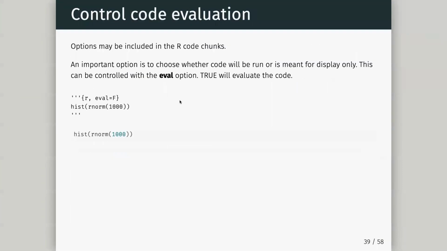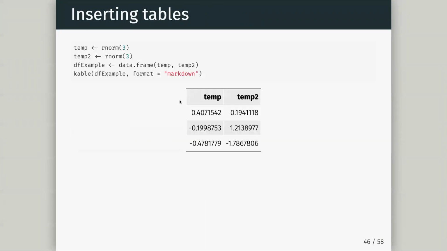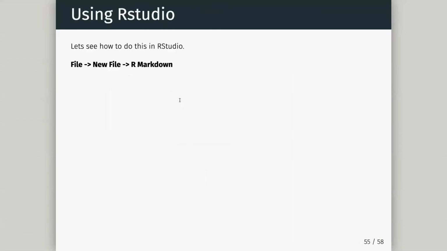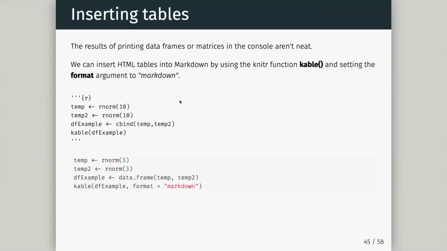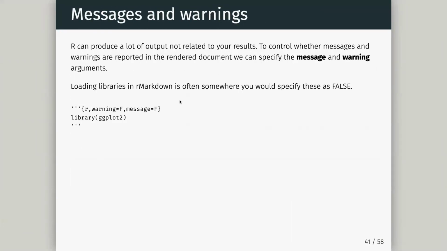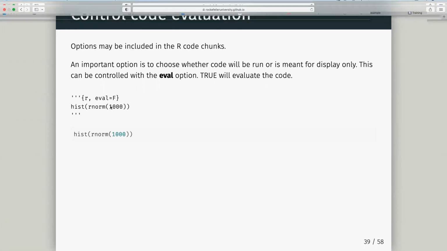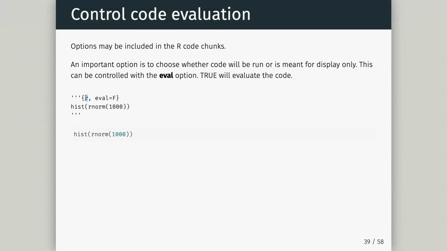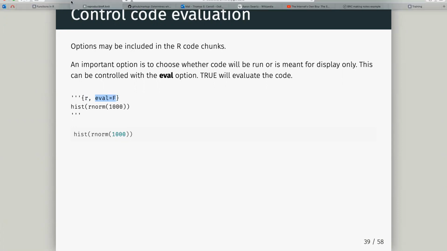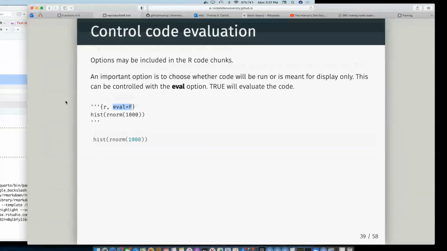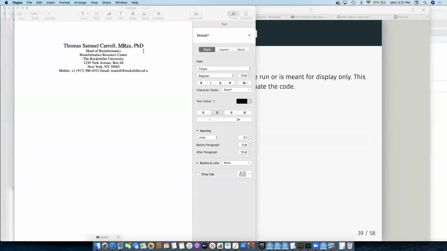Okay, so then we can start to control things. Let me have a little look at what we're going to cover. Perfect. So we can control whether or not we actually want to evaluate code within a chunk. Sometimes we just want to show people what the code was without actually evaluating it. We can control that by putting after the r a comma, and then we're going to have options which we can use to control how that bit of code is run.